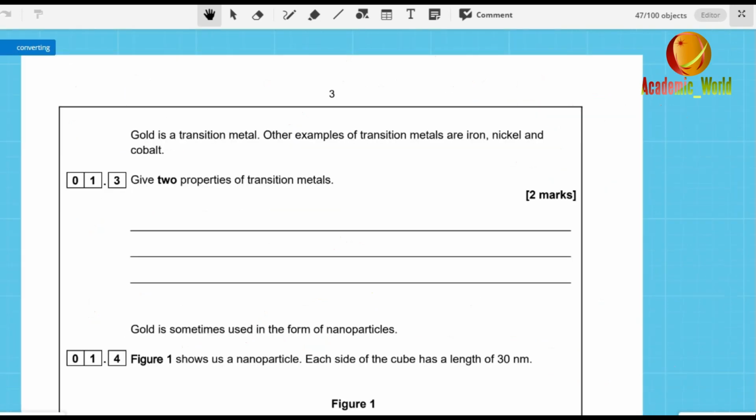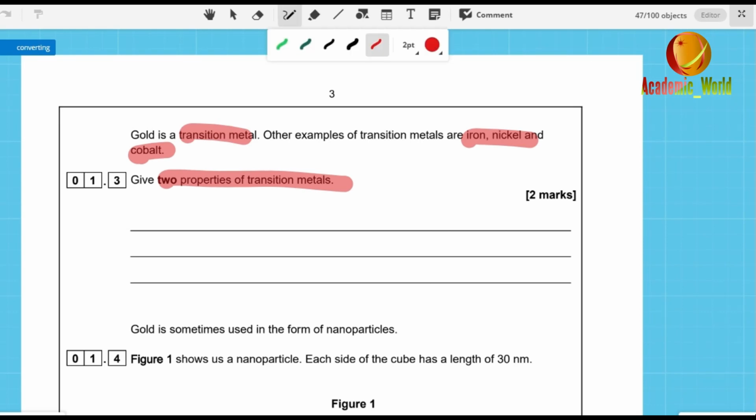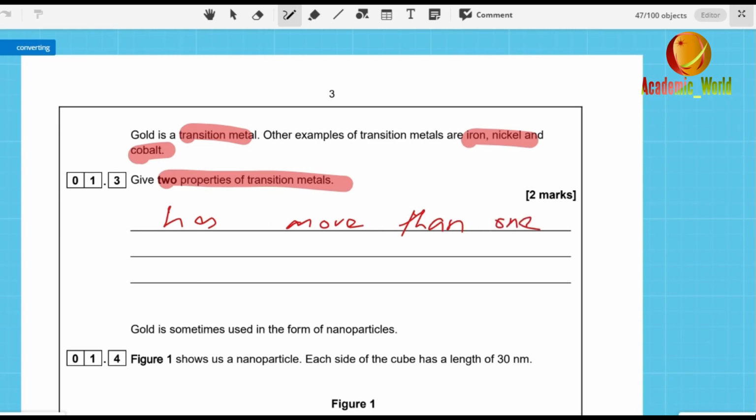Now we are going to see the third one. Gold is a transition metal. Other examples of the transition metals are iron, nickel and cobalt. Give two properties of transition metals. So as you know, transition metals have more than one oxidation state, because you know, just like Fe positive 2 and Fe positive 3.